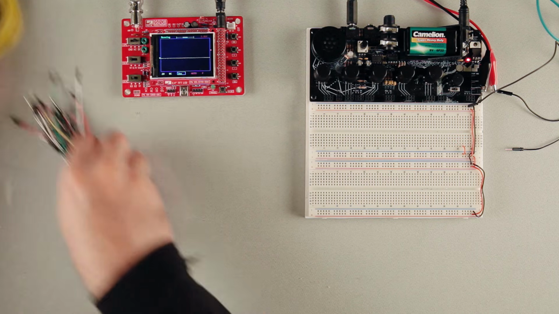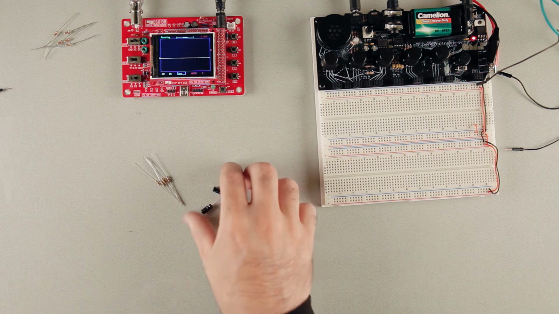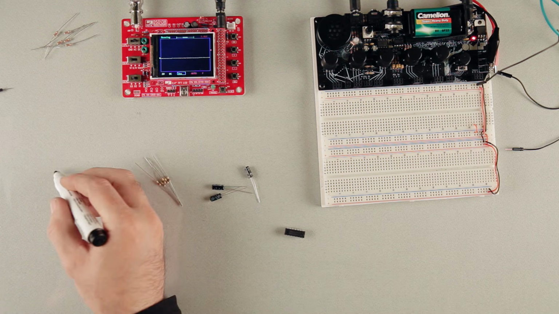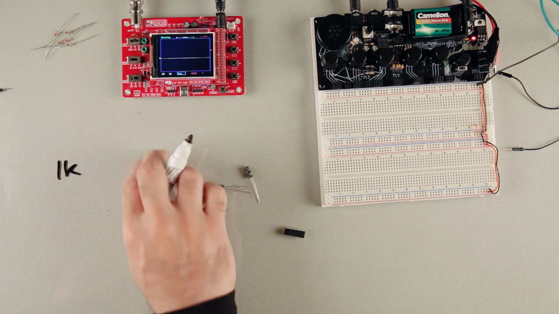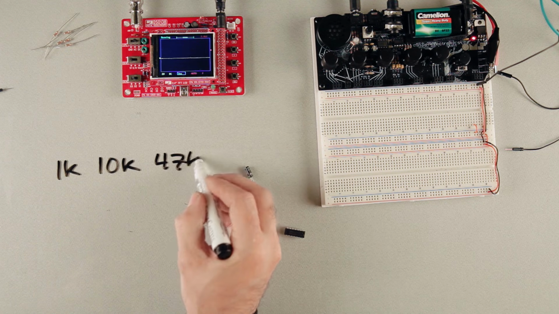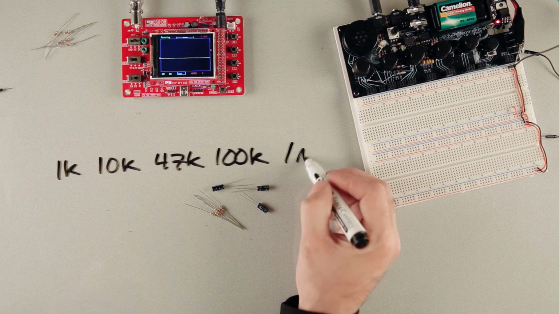And for electrical components, we're going to use some resistors, some capacitors, and some integrated circuits. And I've tried to keep this as simple as possible, so I'm just using sort of the most common values. So for the resistors, I'm using 1K, 10K, 47K, 100K, and 1M.